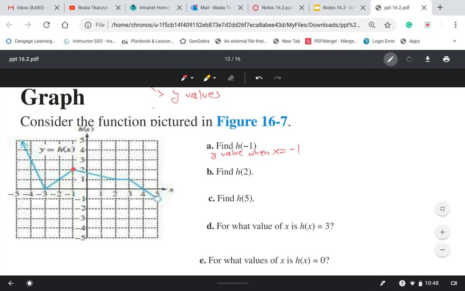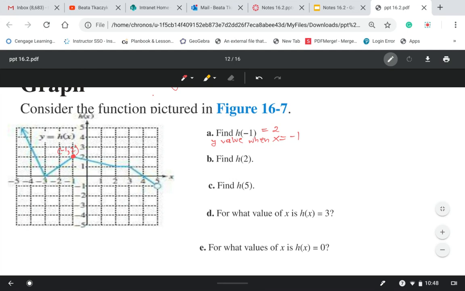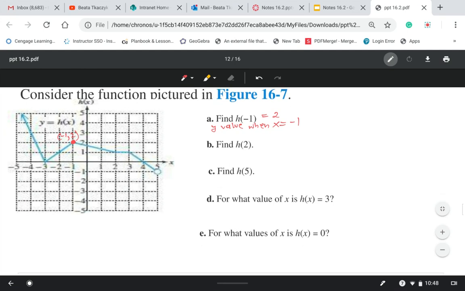We have a point negative 1, comma 2. So h of negative 1 means the y coordinate for the point when x equal negative 1, it's 2. Because we have a point negative 1, comma 2. And you continue that way.